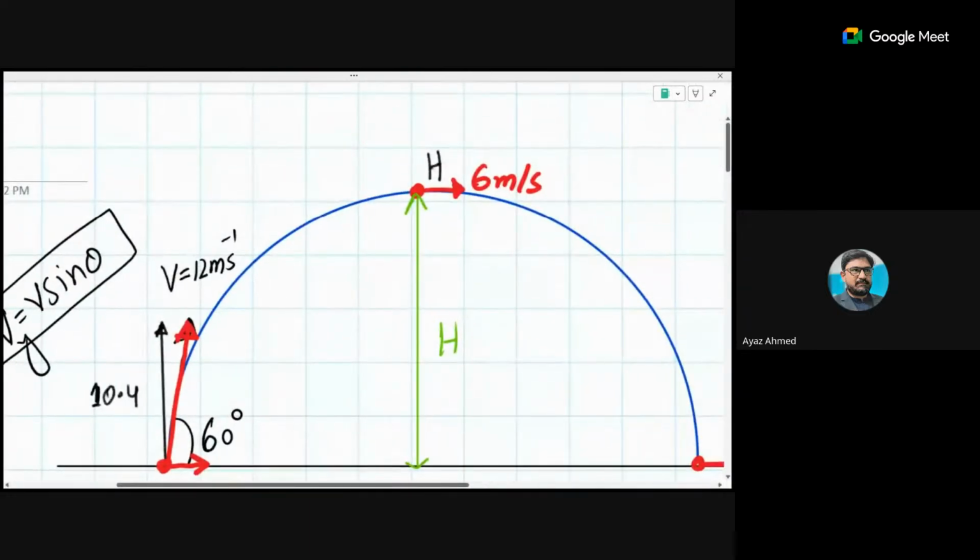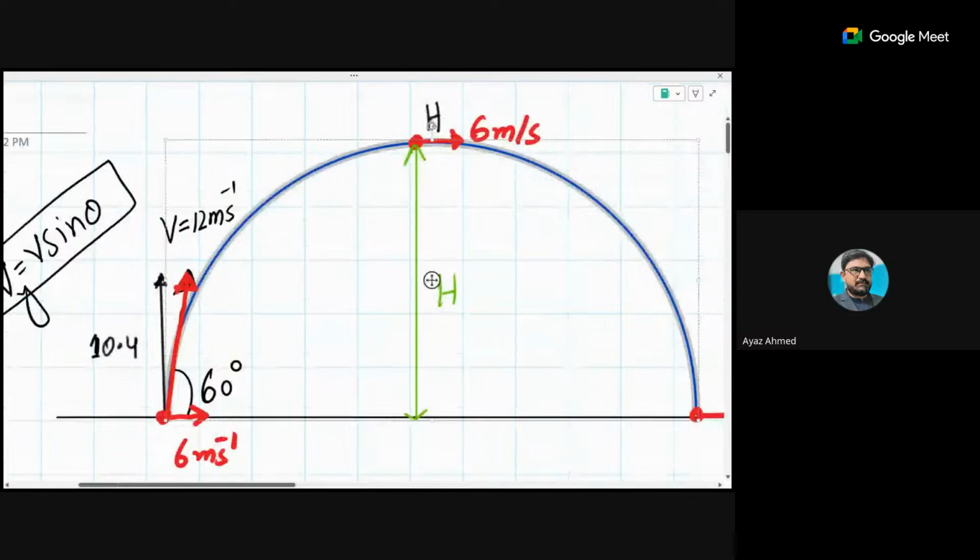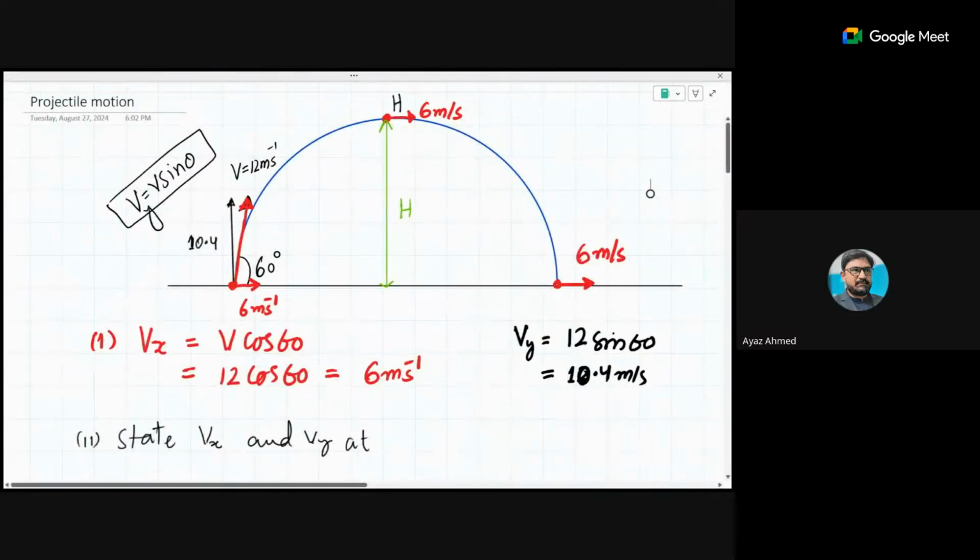At the highest point, the object does not have any component in the upward direction, because its upward motion has stopped. So the y component of velocity will also be zero on the y axis. When there is no y component of velocity, the object starts its downward motion.